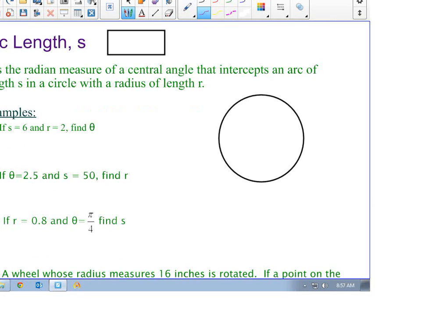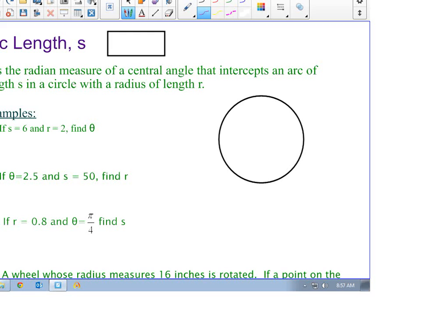The last thing we need to do is the arc length. We have to be able to figure out how much of an arc of a circle we are using with a central angle in radians. So arc length is a new variable called S, and it's based on the radius of the circle and on the angle that cuts off that arc.